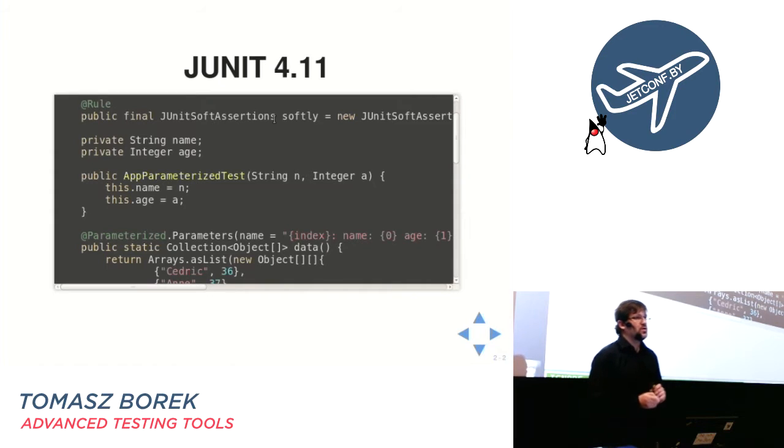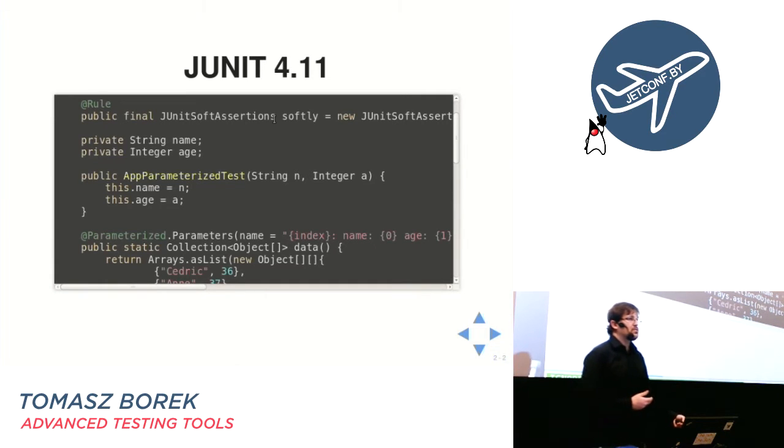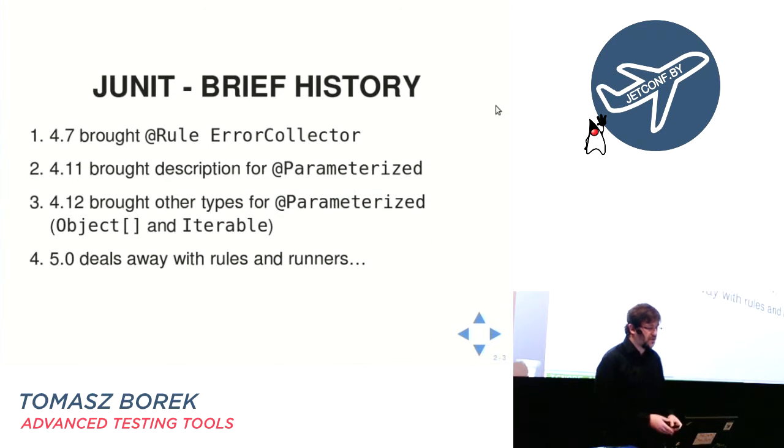Though be careful, because if you're using other rules like temporary folder, external resource or expected exception, the order of your rules matters a lot in JUnit. Moving a field annotated with the rule annotation up or down may crash your test without any other change. That's because JUnit rules are made through before test and after test, so there is code inserted in the before test and after test methods. Thus, moving the rules may have great effect.